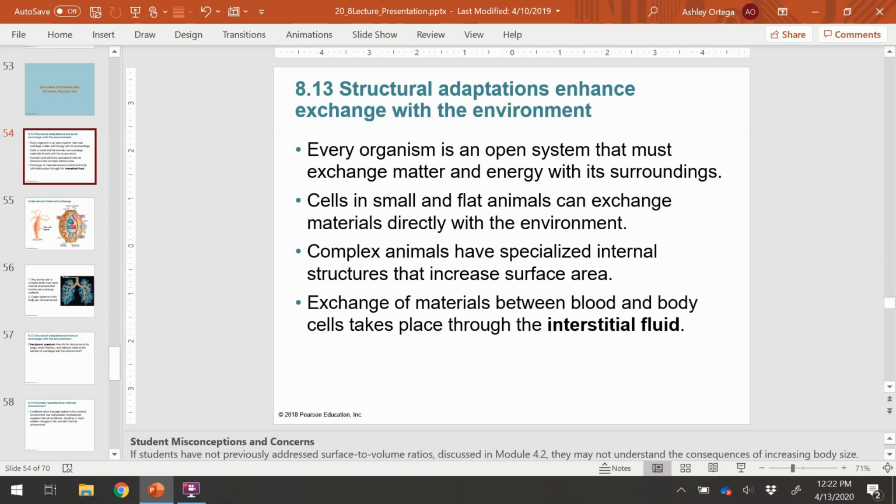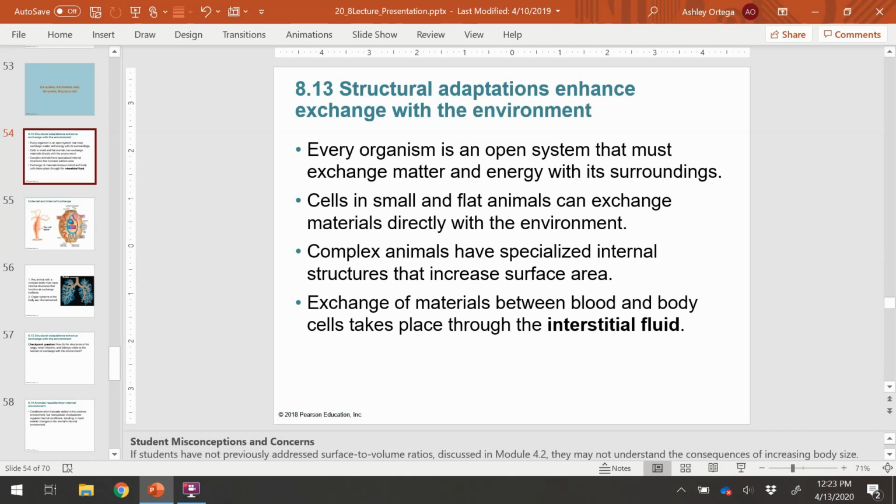Animals that are small and flat can exchange materials directly with the environment, like we saw with the flatworms and the hydra. But complex animals need very specialized internal structures that will perform the function for the whole organism.